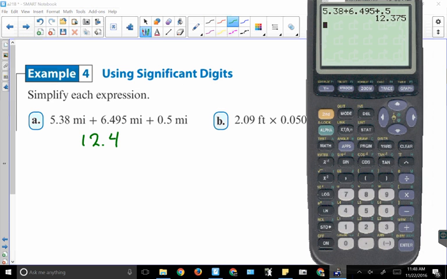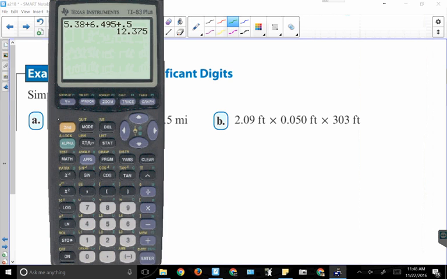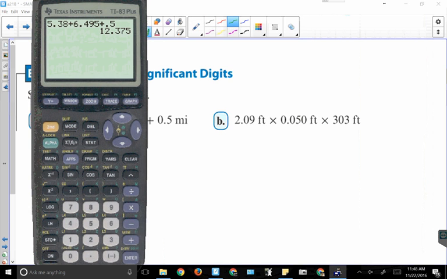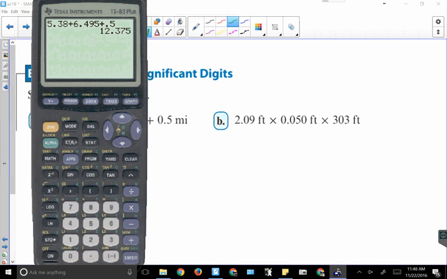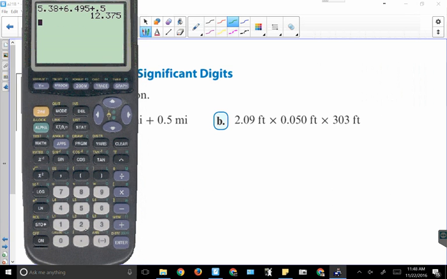Now, does that rule apply for the multiplication? When multiplying or dividing, the answer should have the same number of significant digits as the measurement with the fewest. So again, we have to use all of the numbers that are provided for us to do the multiplying. So I got to take 2.09 multiplied by 0.05. Do I got to put the 0 in? No, because it doesn't have any mathematical meaning to us. Times 303.